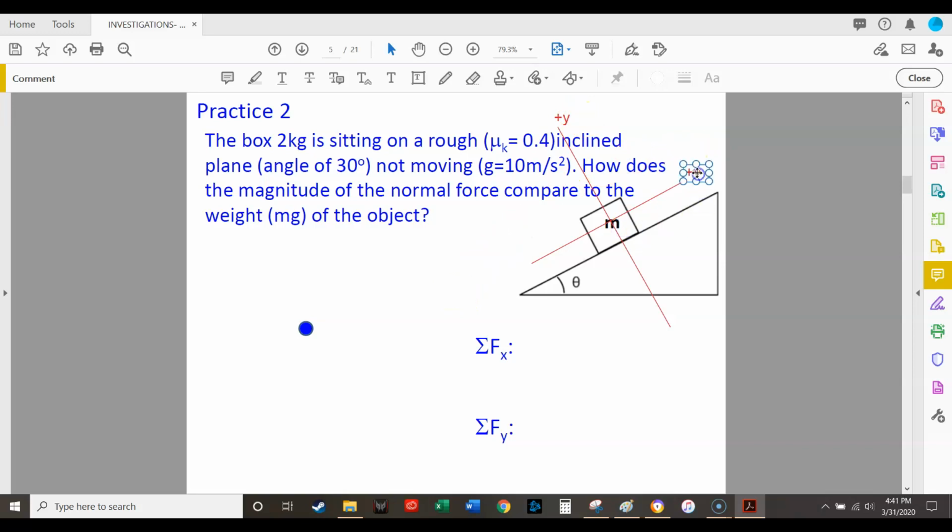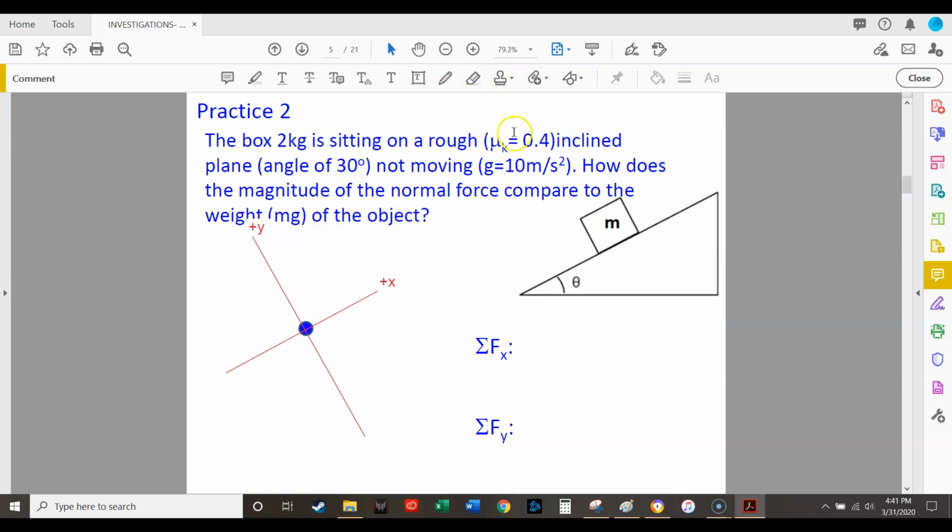Change this to an x. And there we go. There's our coordinate system. I'm going to take all of that and bring it over to here. The reason I did that again is I want to make sure I'm as accurate as I possibly can.